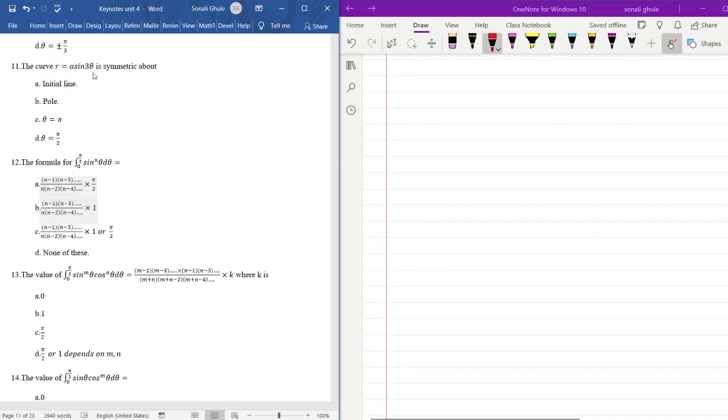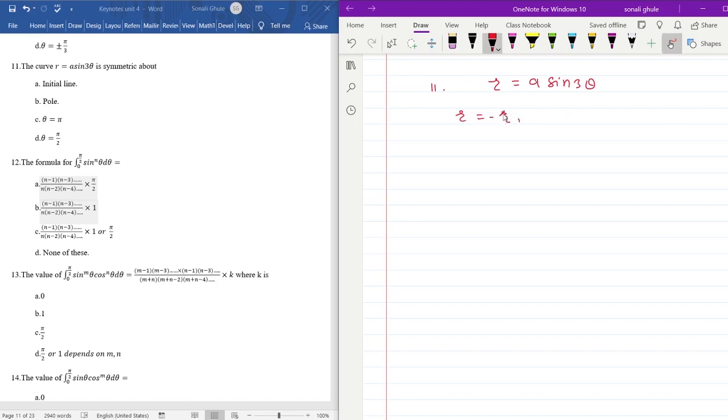Then let's solve your next example. The curve r equals a sin 3 theta is symmetric about what? Now see here, r equals a sin 3 theta. This is a polar curve and there is one concept for symmetry. If we replace r by minus r and theta by minus theta at the same time, you can observe this is not going to change.